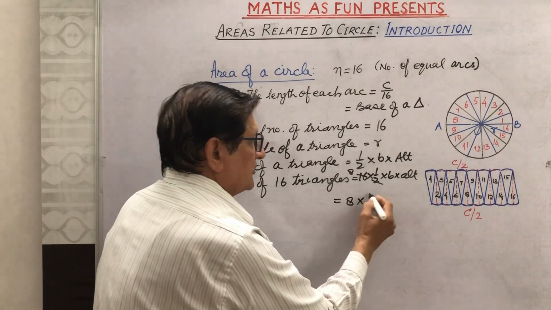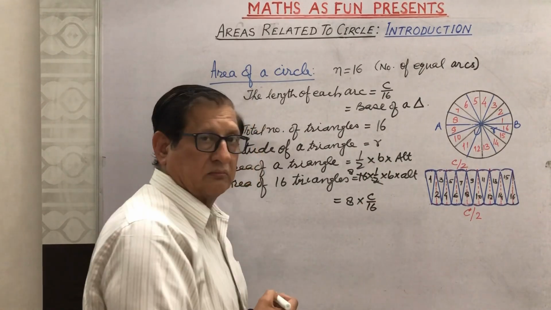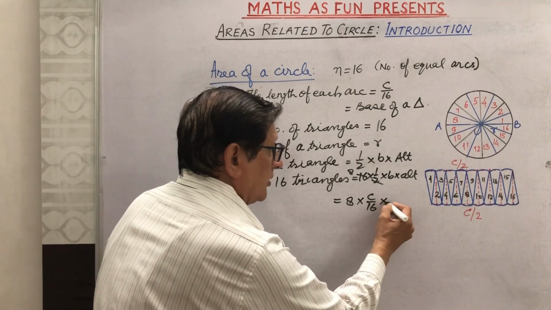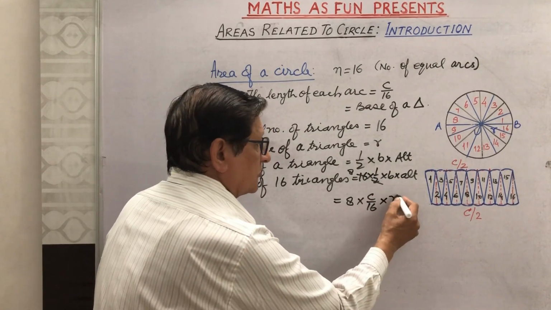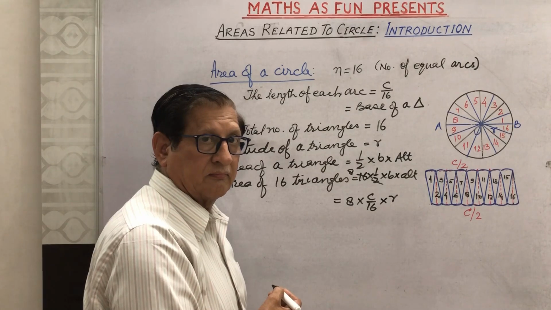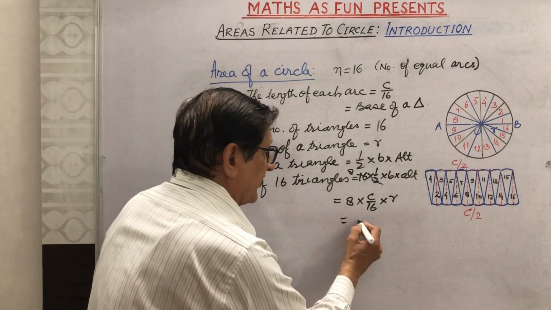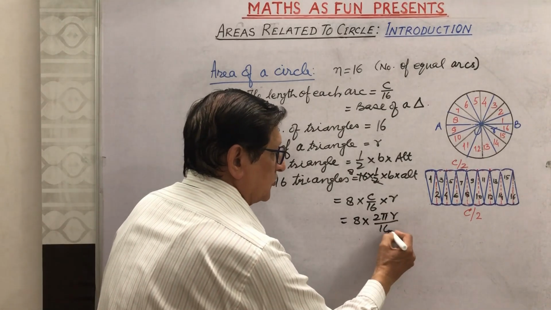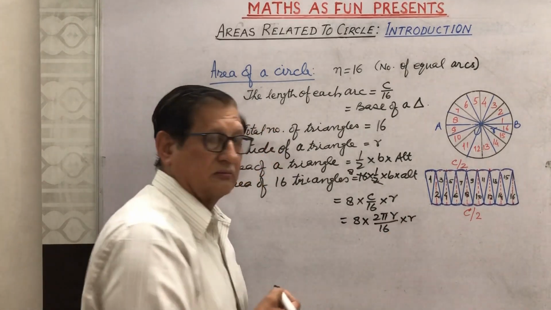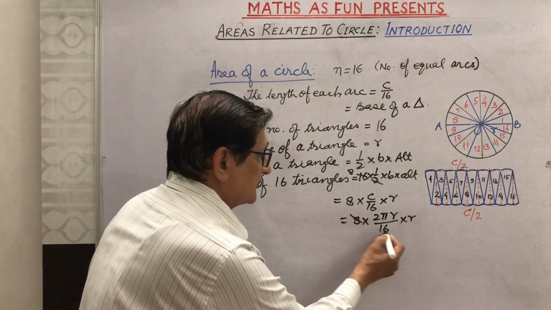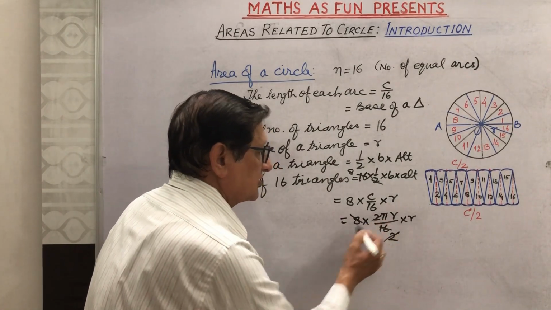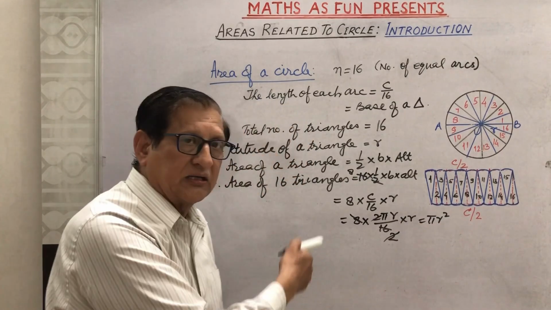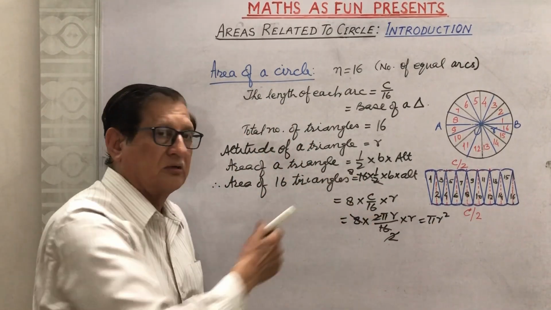Base here is c upon 16, into altitude. Altitude is r. We know c, circumference, is given by 2 pi r. This is 2 pi r upon 16 into r. This 8 cancels this 16 twice and this 2 cancels this 2. So it comes as pi r square. So pi r square is the area of the circle.